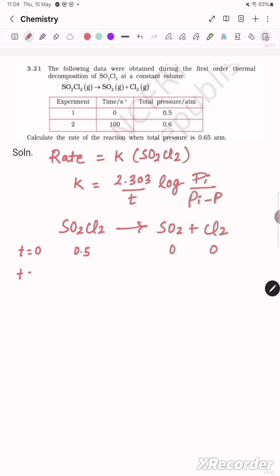And at time 100 seconds, the initial pressure is 0.5 and some pressure is released after reaction, that is denoted by P, and the product pressures will be P and P. This is the notation of the reaction as you have read earlier.